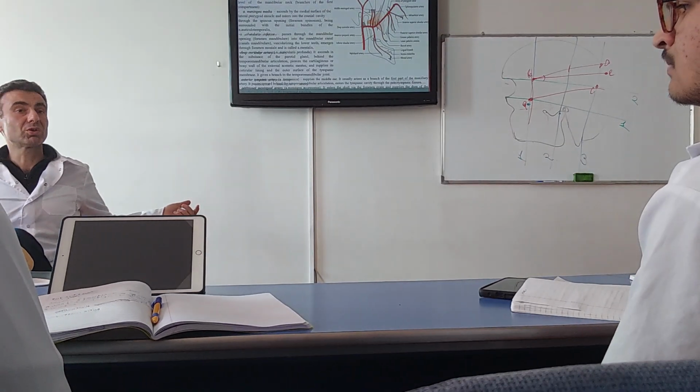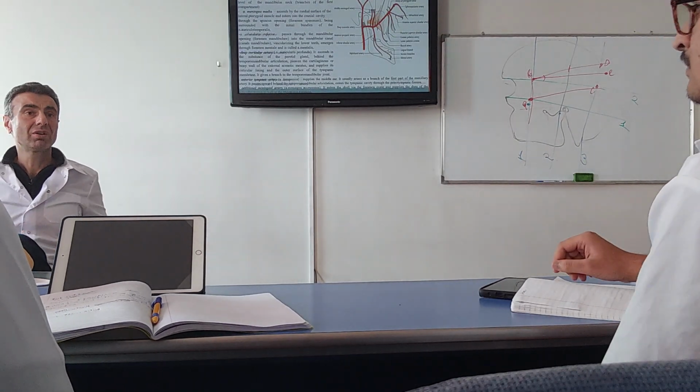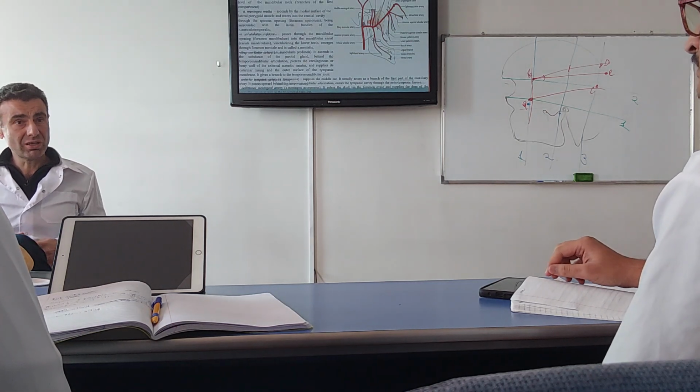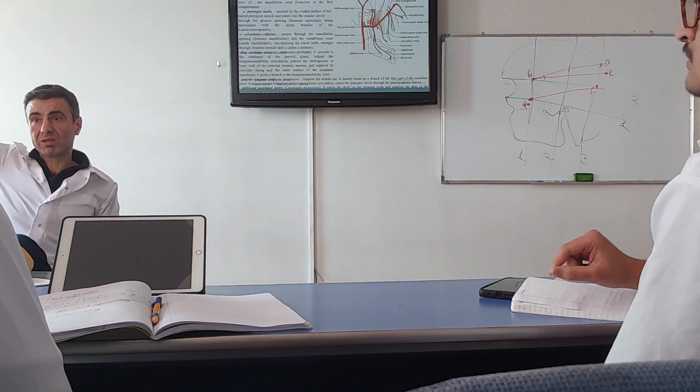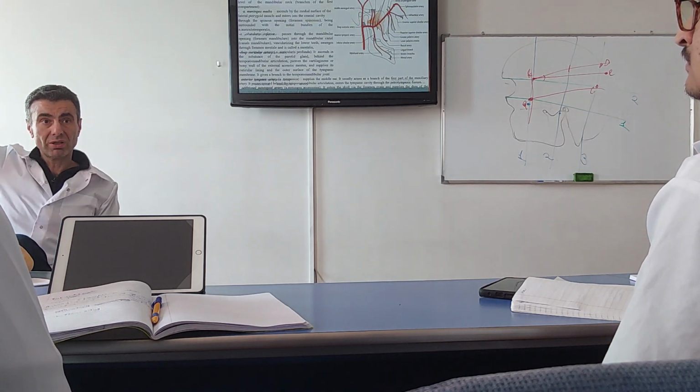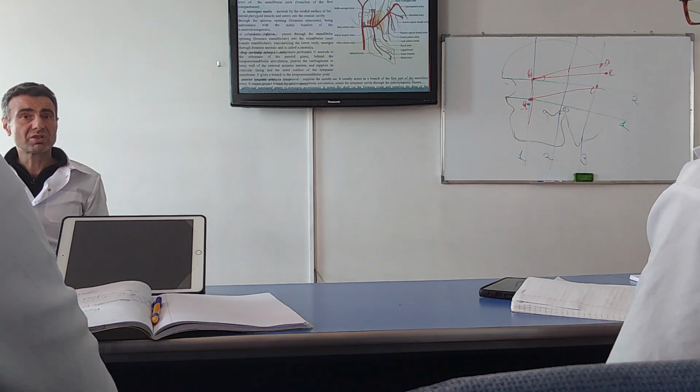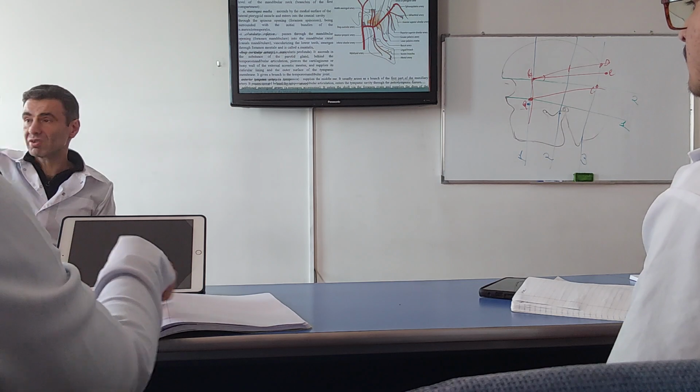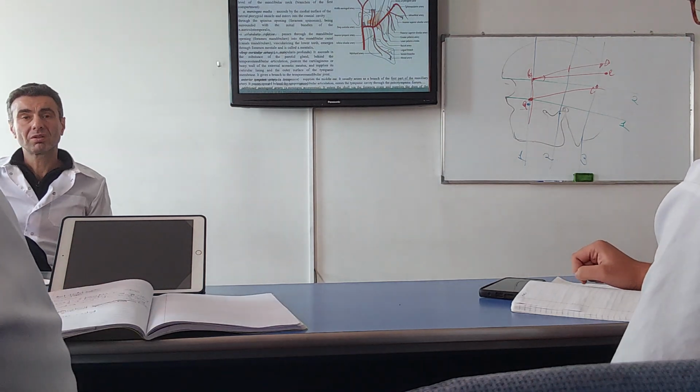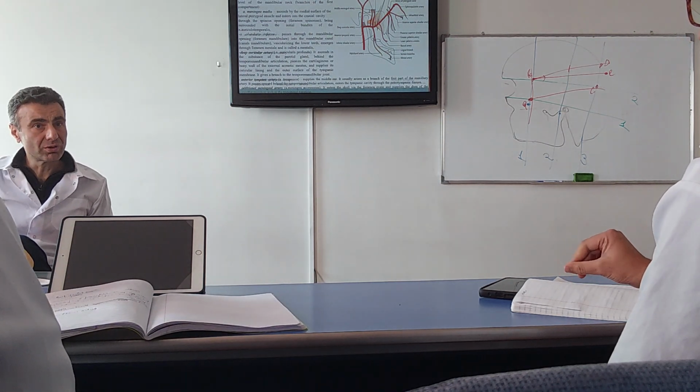I don't know even what to say. Anyhow, let's continue. So we understand that our palate, soft palate and hard palate here, is supplied by this artery, which is the descending palatine artery, which is descending to the palate. Is it understandable for you or no?